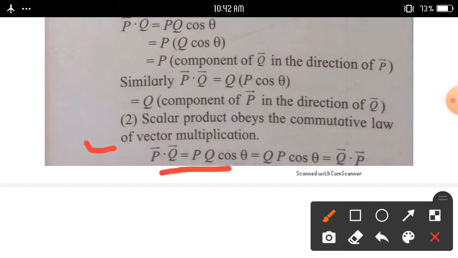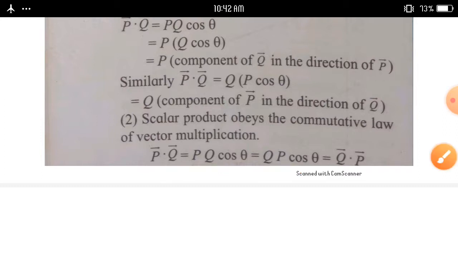Then we can write it another way: qp cos theta, q into p cos theta. So p bar dot q bar is equal to q bar dot p bar. Hence the scalar product obeys the commutative law of vector multiplication. This is the second characteristic.